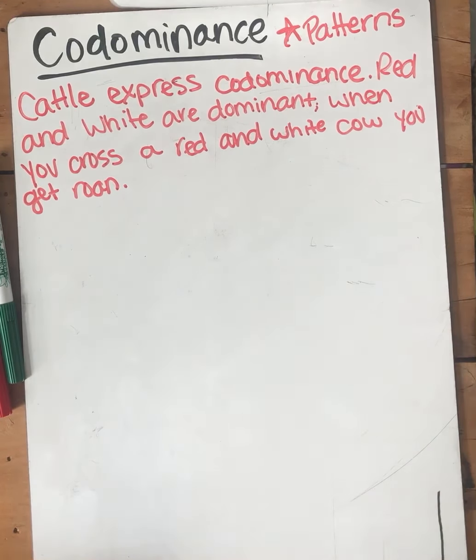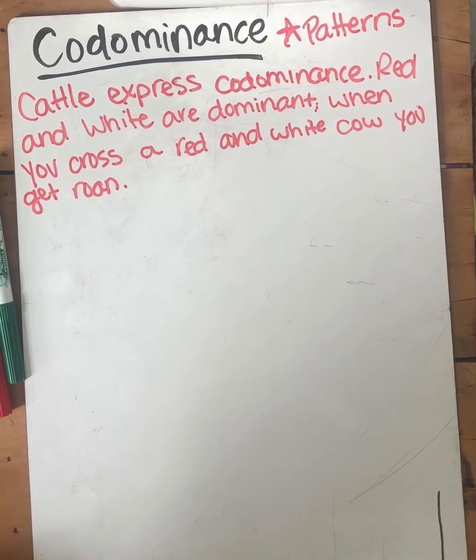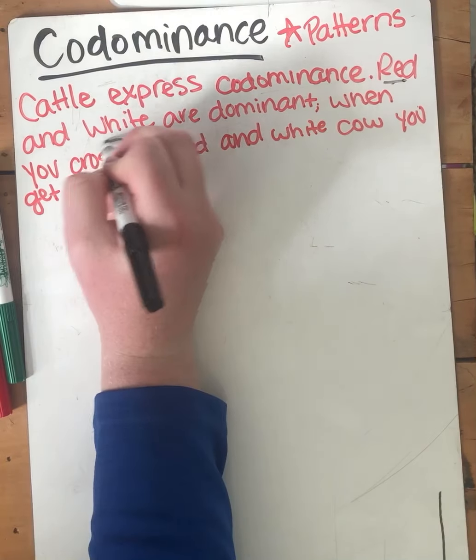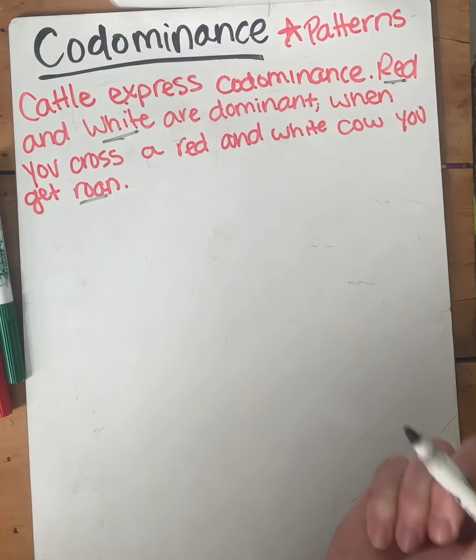So, really quick, let's see how we can get a roan cattle. So let's say we have a question that says that you cross a red and a white cow. Show the Punnett square. Well, before we even start that, we have all our information we need here. We know we have red, we know that we have white, and we know that we have roan.